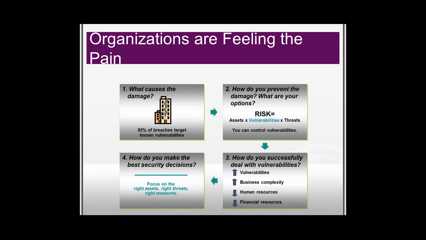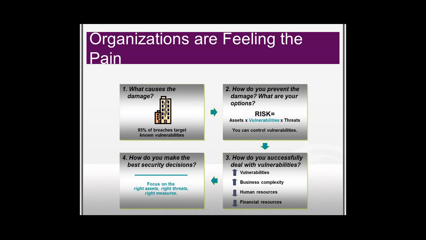Number three, we have to look at how we successfully deal with the vulnerabilities. Vulnerabilities are doubling every year, if not more than that. They're becoming more complex. Our resources are down. People are starting to cut costs. And another thing, we throw a lot of technology at the problem. But it's not just a technology issue, as we'll see. It's also a human resources issue as well.